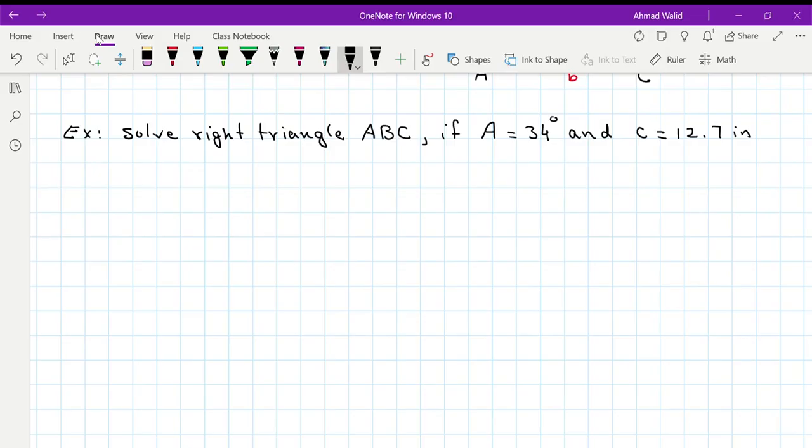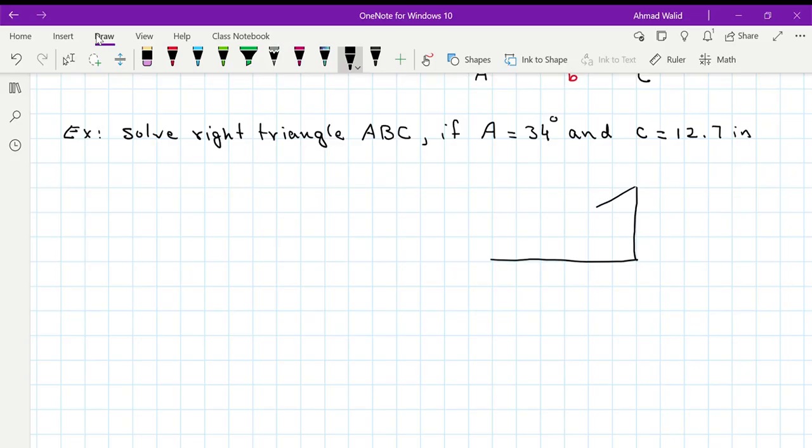Correct? First thing to do, always, if you can, please go ahead and do this. The important thing is to draw a diagram. A diagram explains a lot for you. Draw a right triangle. I'm not telling you to use 12.7 inches, no, that's too big.